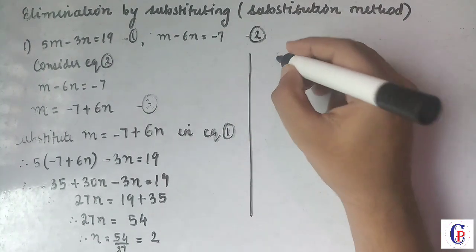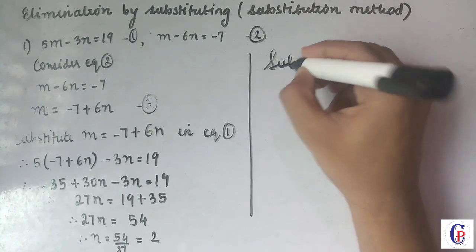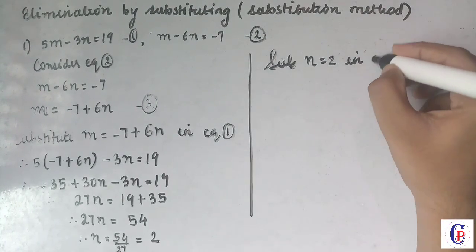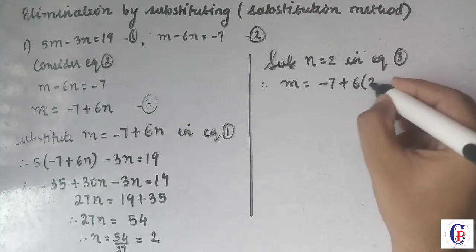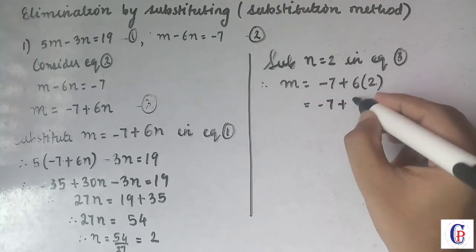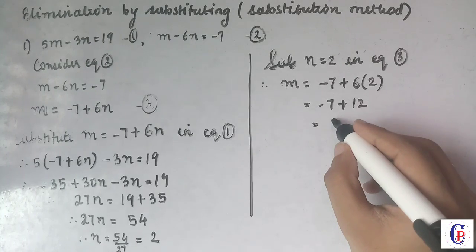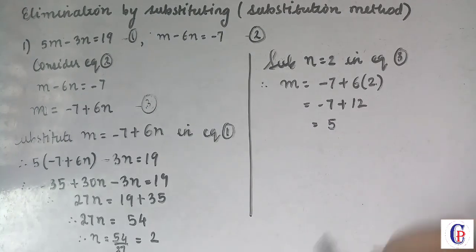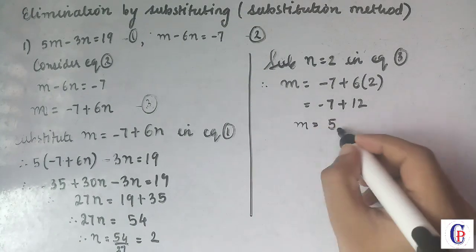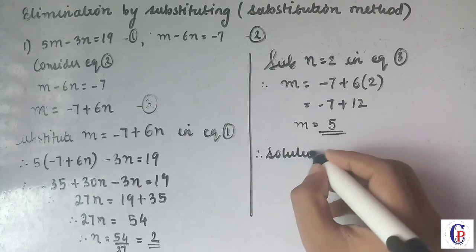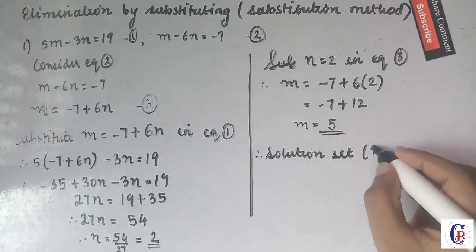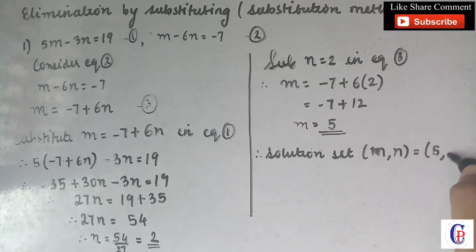So m is equal to minus 7 plus 6 into 2. 6 twos are 12, and 12 minus 7 is 5. So m is equal to 5, and we have got n as 2. Therefore the solution set is m comma n, which is 5 comma 2. So we have got the values of the variables as 5 and 2.